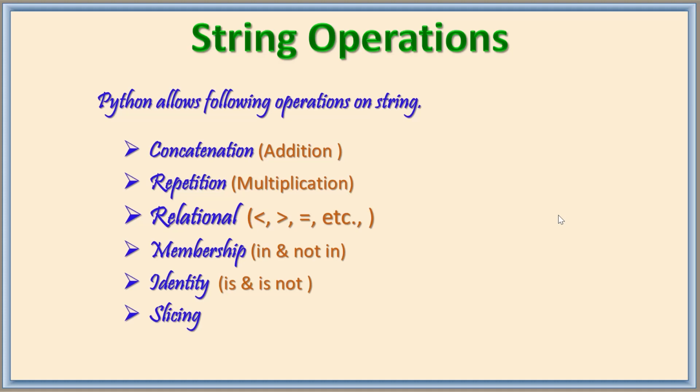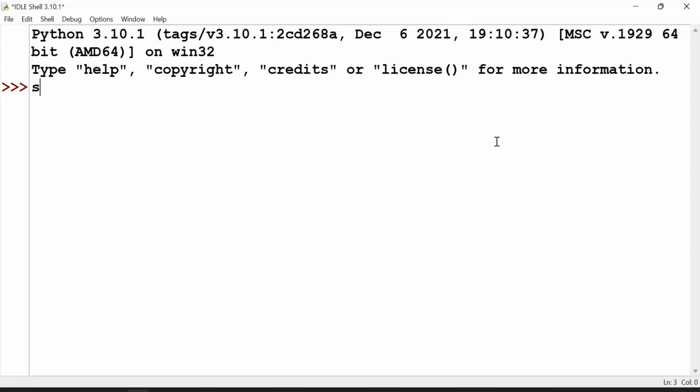I will demonstrate everything directly in the Python window. Let us open the Python window. I initialize st1 as word, and then st2 as power. Now the arithmetic operator plus, I will give st1 plus st2, that means it will concatenate both words and display them together.